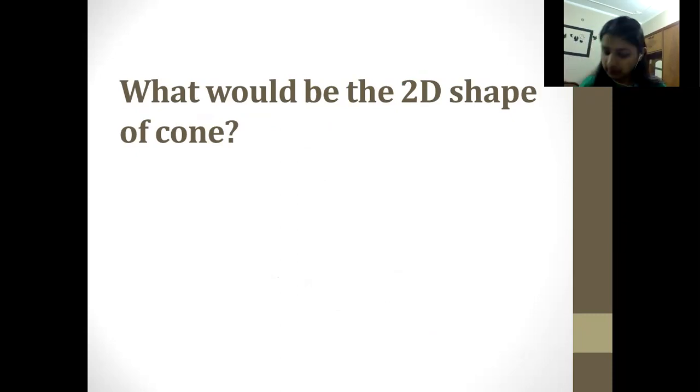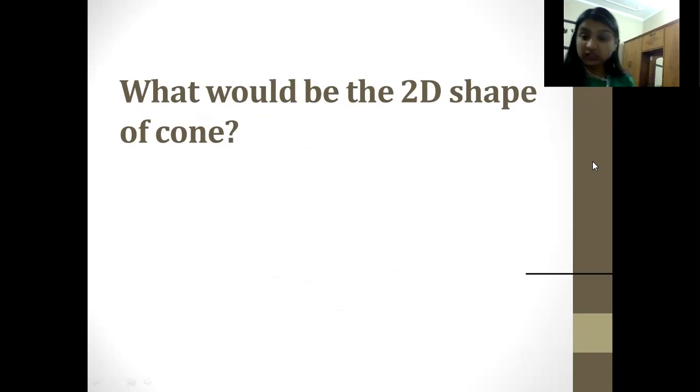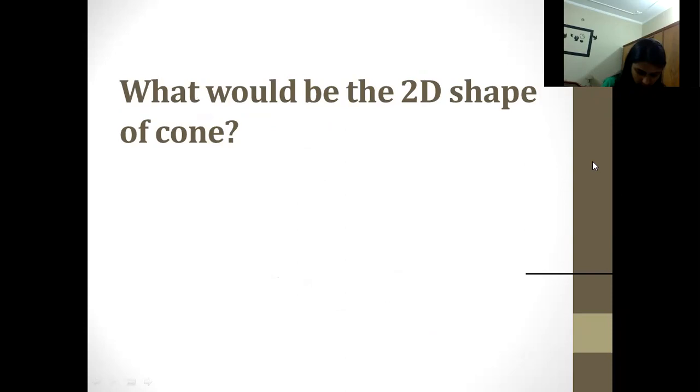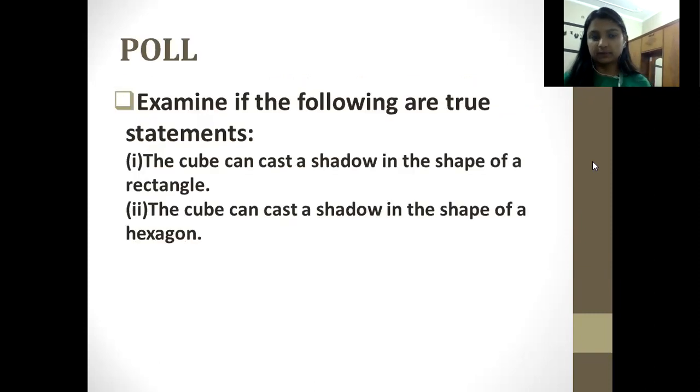By applying a beam of light on the cone, which shape did we obtain in terms of 2 dimensions? This is quite an easy thing which we did just now. That was a triangle. This is how we can convert the 3-dimensional shape into 2 dimensions with various 2-dimensional shapes. I hope you have understood this concept.